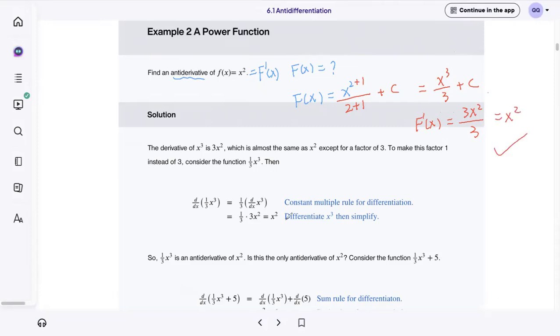So we did it right. If we know the initial value is 5, we just add 5 instead of c. But we don't know, so we just add c.